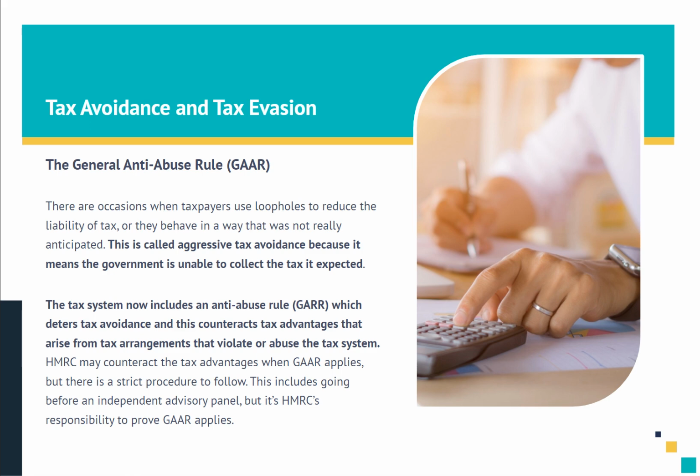The tax system now includes an anti-abuse rule, GAAR, which deters tax avoidance, and this counteracts tax advantages that arise from tax arrangements that violate or abuse the tax system. HMRC may counteract the tax advantages when GAAR applies, but there is a strict procedure to follow. This includes going before an independent advisory panel, but it's HMRC's responsibility to prove GAAR applies.